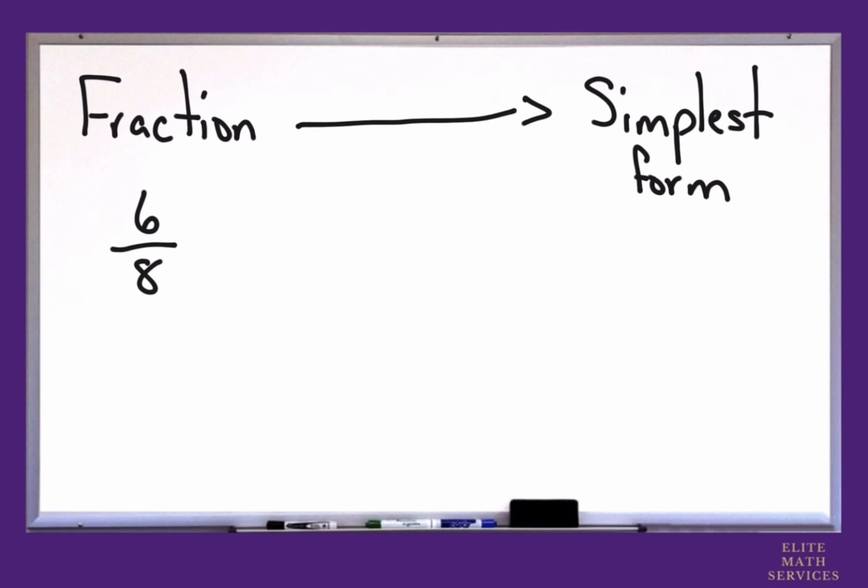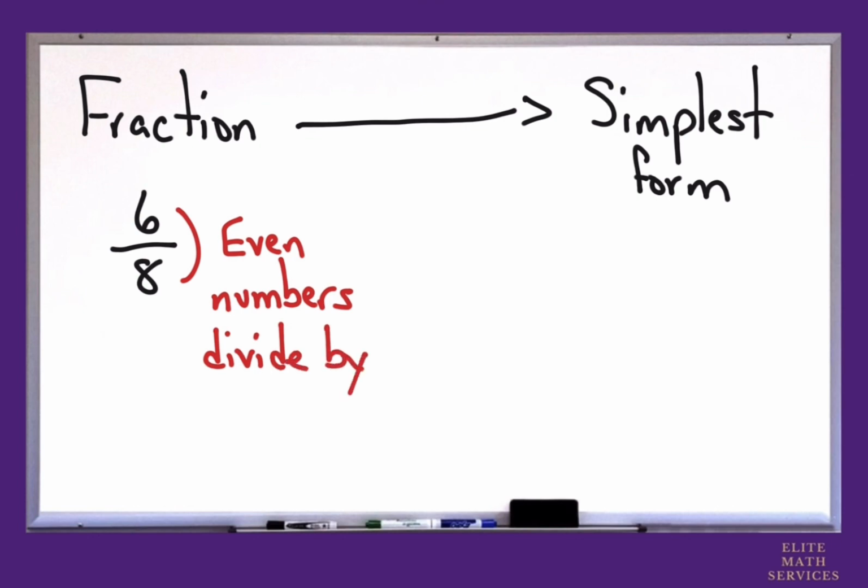Now the fraction that we're going to start off with is 6/8. As you can see, we have 2 even numbers, which means they can both be divided by 2. So what we're going to do is divide both the numerator and denominator by 2.